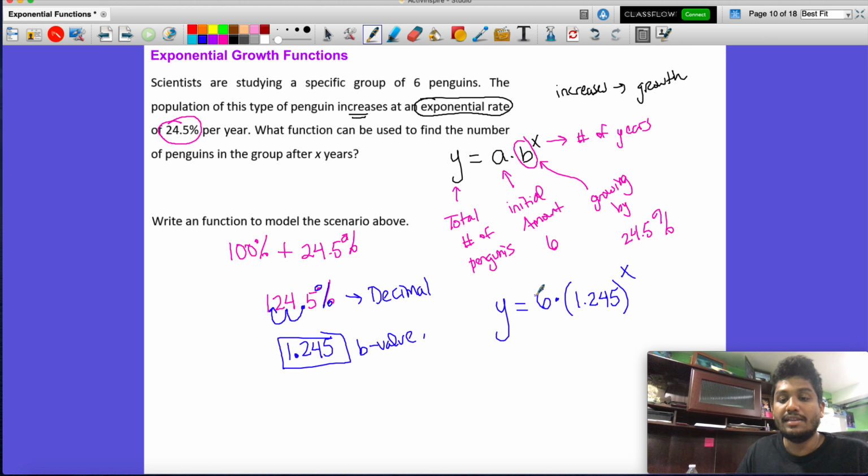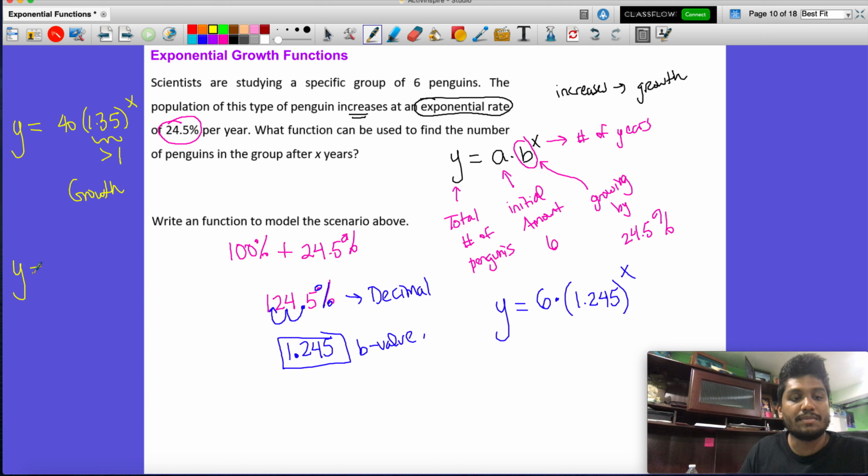Okay, so for the amount that we're growing by, any base that's more than 1 is known as a growth. So let's say that we have something that looks like this: y equals, I don't know, let's make up a number, 41.35. If this number is greater than 1, it's a growth.